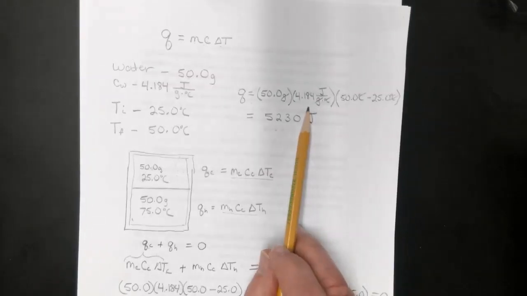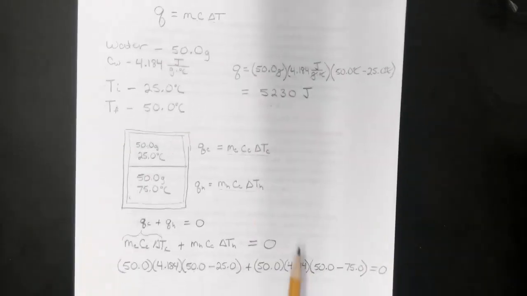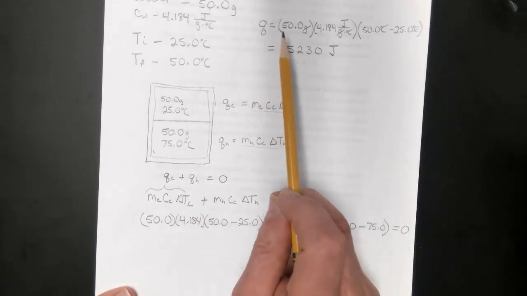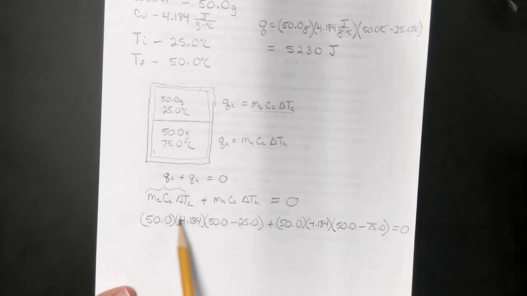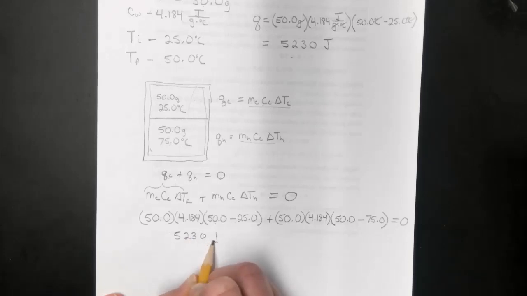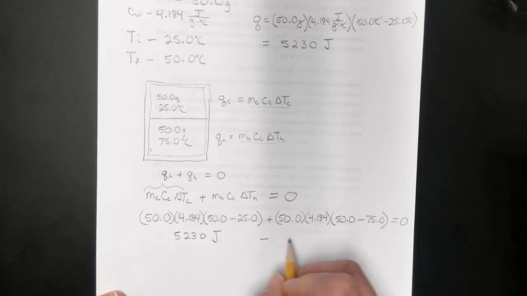As a matter of fact, I already did this calculation up here. You can see that these are exactly the same numbers as this down here. So this will turn out to be 5,230 joules. This term over here will be minus 5,230 joules.